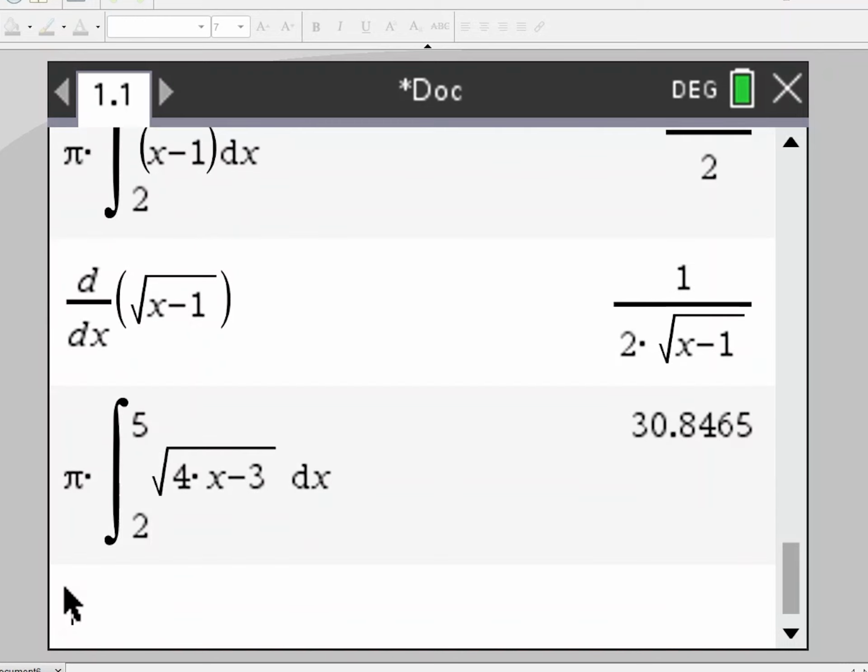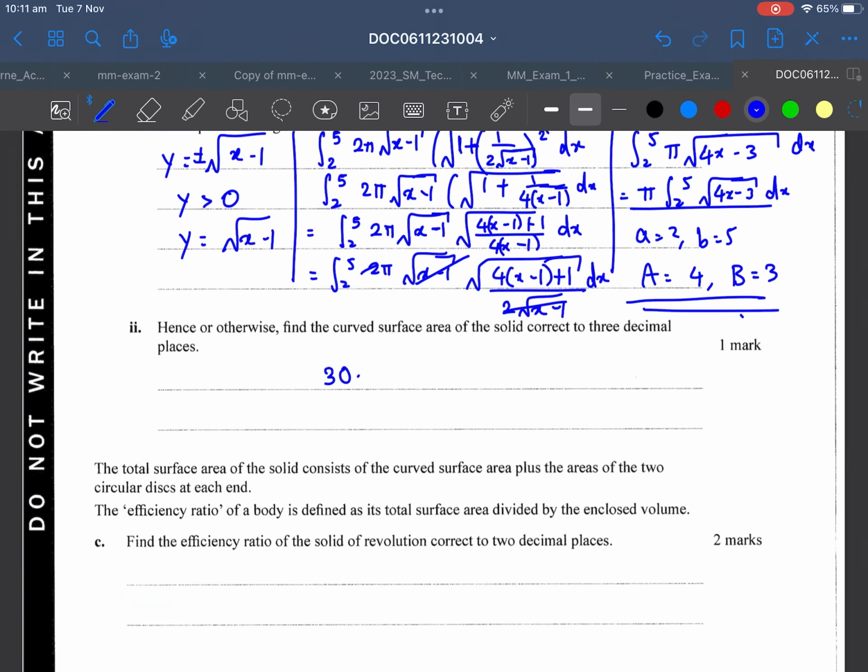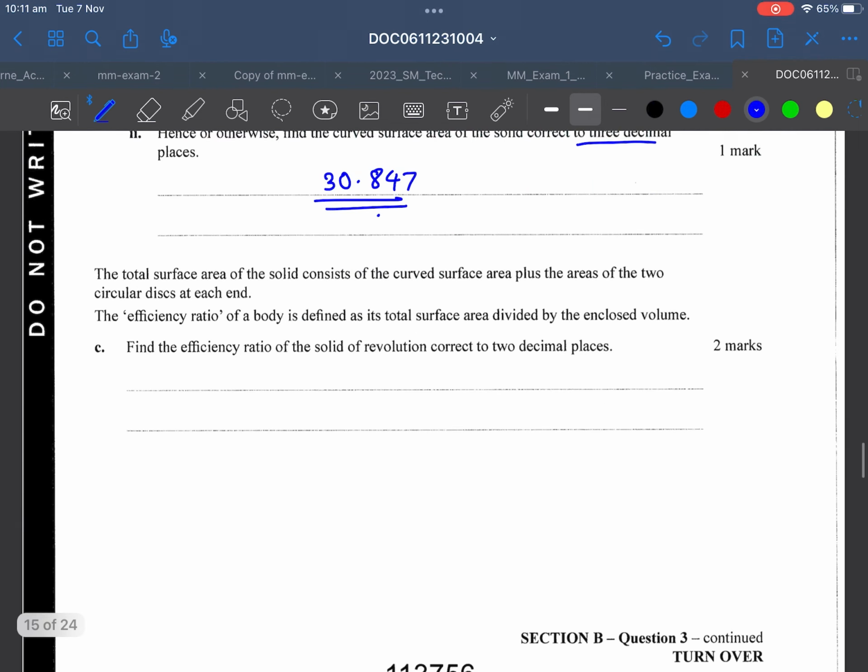Control enter, and there you go. So this is going to be our surface area. So 30.847 to 3 decimal places. Okay, let's move on. Wait, hold on. I think I did my calculation in degrees. Yes. Let me just change that to radians and do it again just to make sure. Okay, good. Just for the safe side.